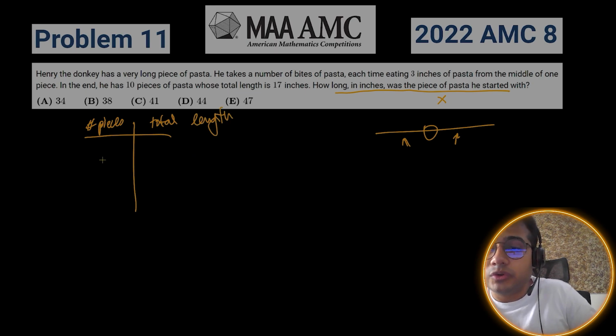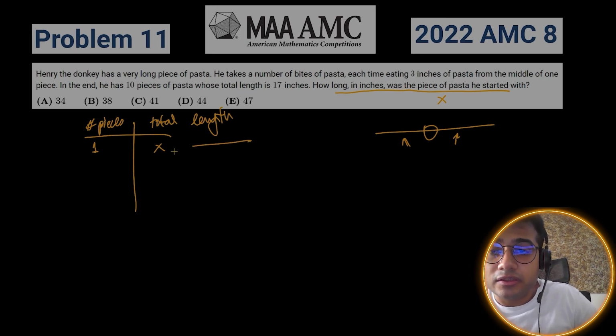At the beginning we have one piece which is x long, right? Then Henry eats 3 inches from the middle, so the length decreases by 3, and the number of pieces is now 2. They increase by 1, right?